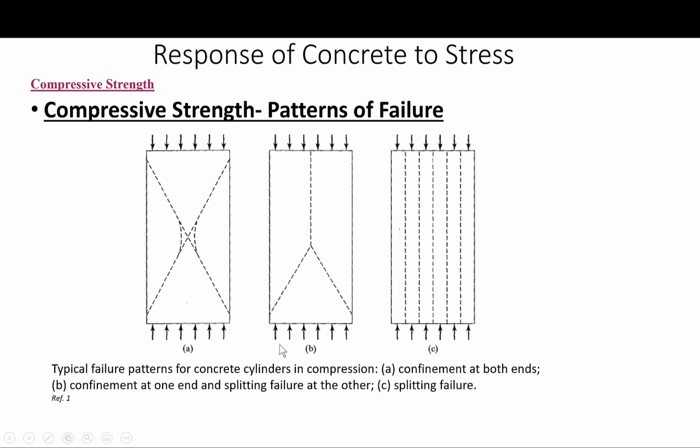In figure B, we have confinement at one end and no confinement at the other end, so we end up with a partial splitting failure. Figure C gives us the true splitting failure mode. So that's the difference when we have confinement at the ends and when we don't.